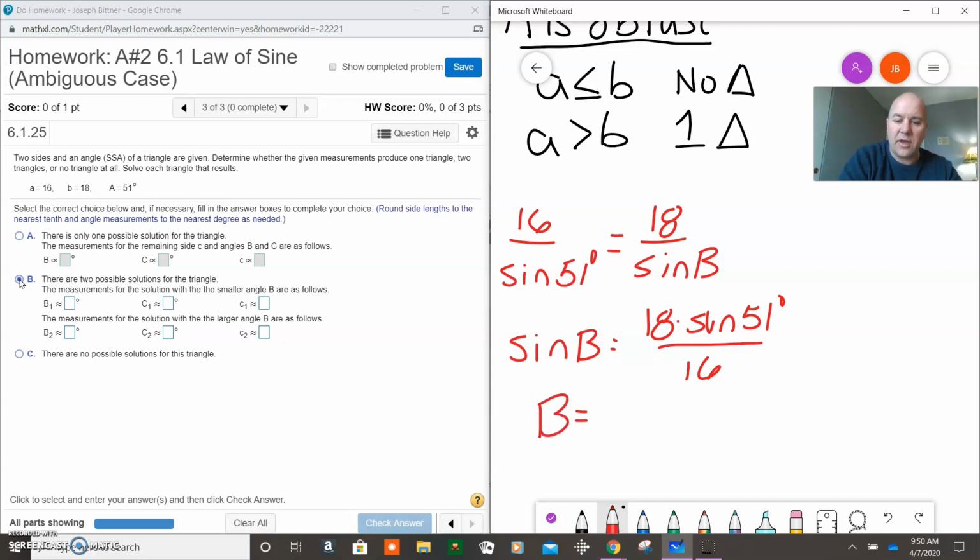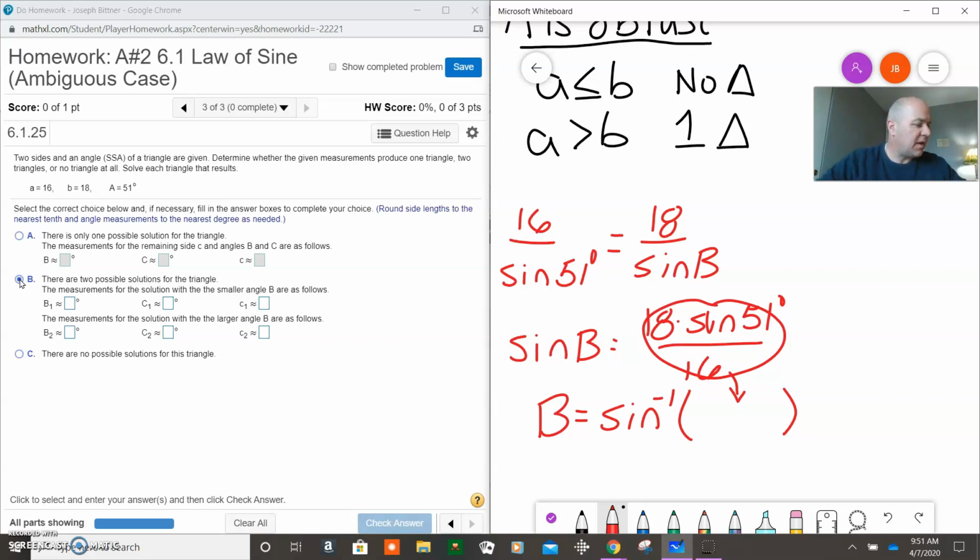The way you get rid of sine here is that you do the inverse of sine. So do the inverse of sine of all of this. I'm getting kind of lazy here, I don't want to rewrite that again, so I'm going to put it right there. I'm going to use my calculator to give me that solution. So let me type it in. The arc sine, make sure you do the inverse of sine, 18 sine 51 over 16.